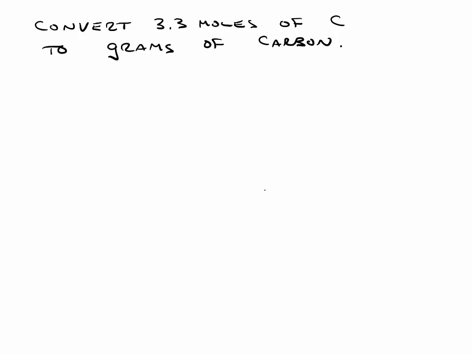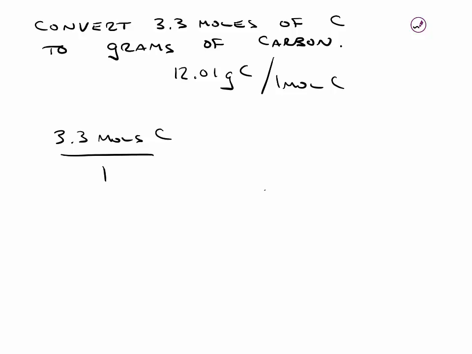In this case, I know from the periodic table that carbon weighs 12.01 grams for every 1 mole of carbon. I'm starting off with 3.3 moles of carbon, and I'm going to use my conversion factor as written with the grams in the numerator, 12.01 grams of carbon in the numerator, and the 1 mole of carbon in the denominator. That will cancel out moles of carbon and leave me in grams of carbon.